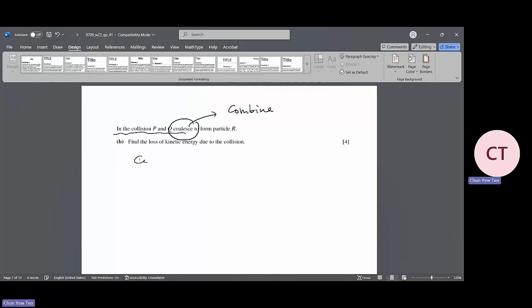By using conservation of momentum, before they collide we have the mass of P times the velocity of P, plus the mass of Q times the velocity of Q, equals, after they combine together, they share the same velocity. Maybe I call this one W.